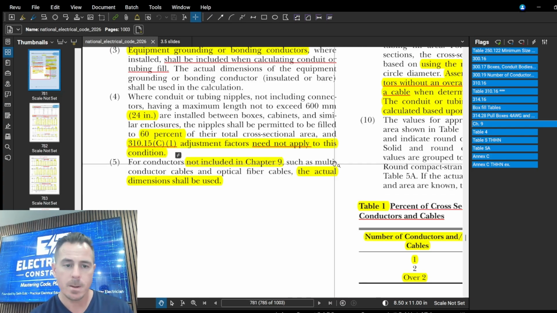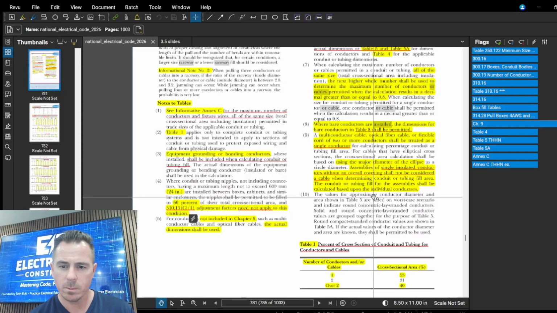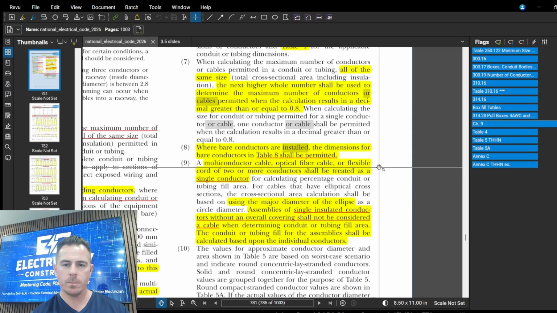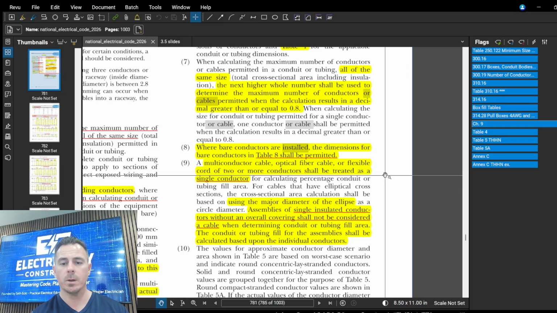All right, next note we want to go to is note 9, and note 9 tells us that a multi-conductor cable, optical fiber cable, or flexible cord of 2 or more conductors shall be treated as a single conductor for calculating percentage conduit or tubing fill area.